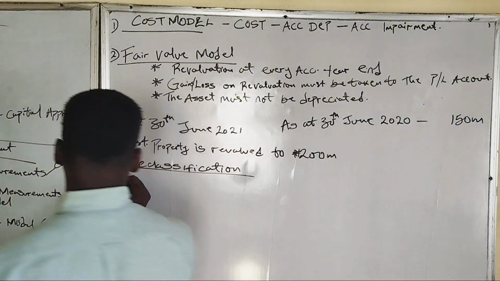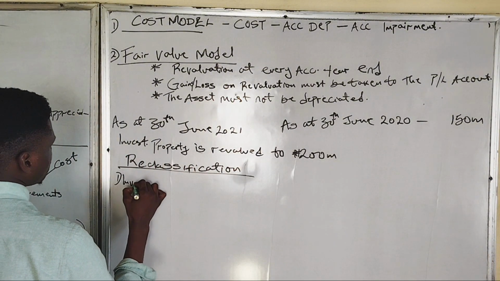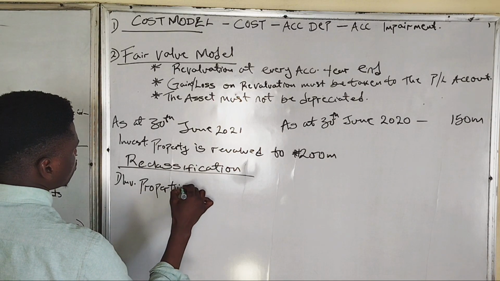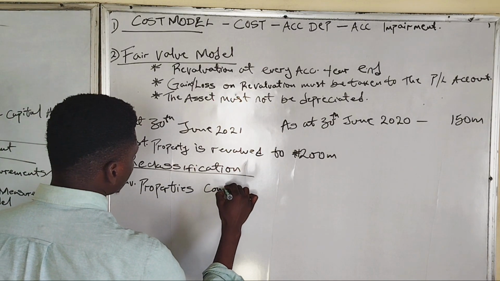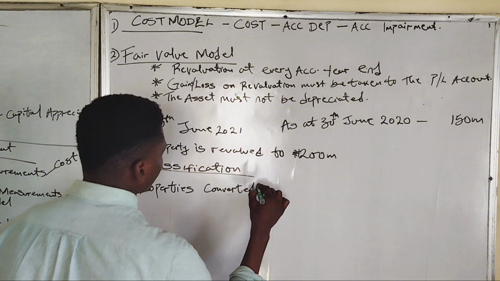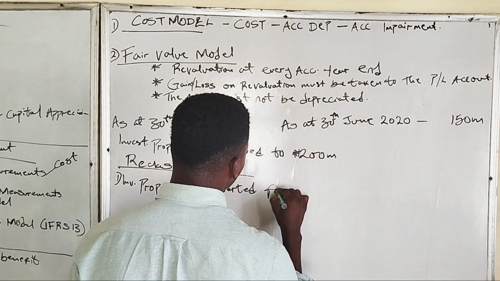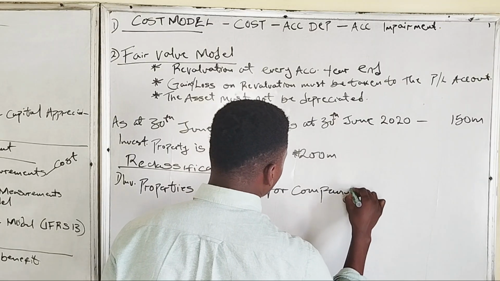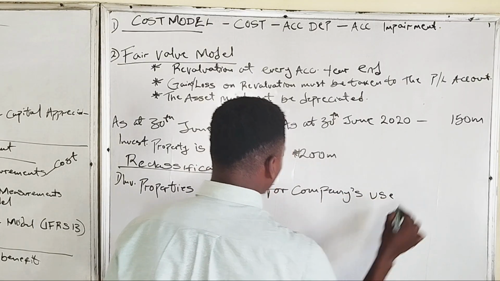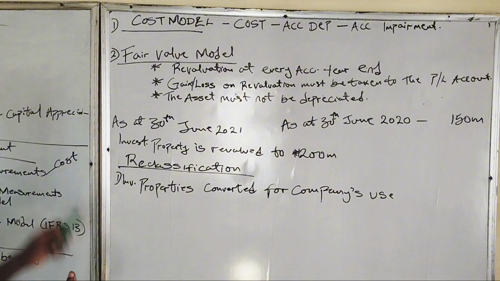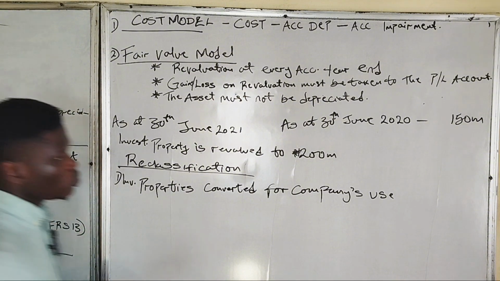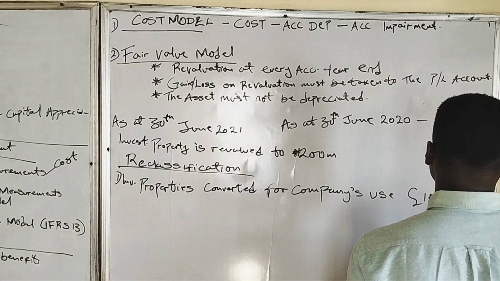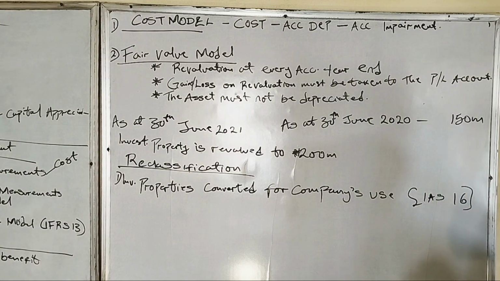So investment properties can be converted for company's use, which will no longer be recorded under IAS 40, but will now be regarded under IAS 16. So it was moved from IAS 40 to IAS 16.